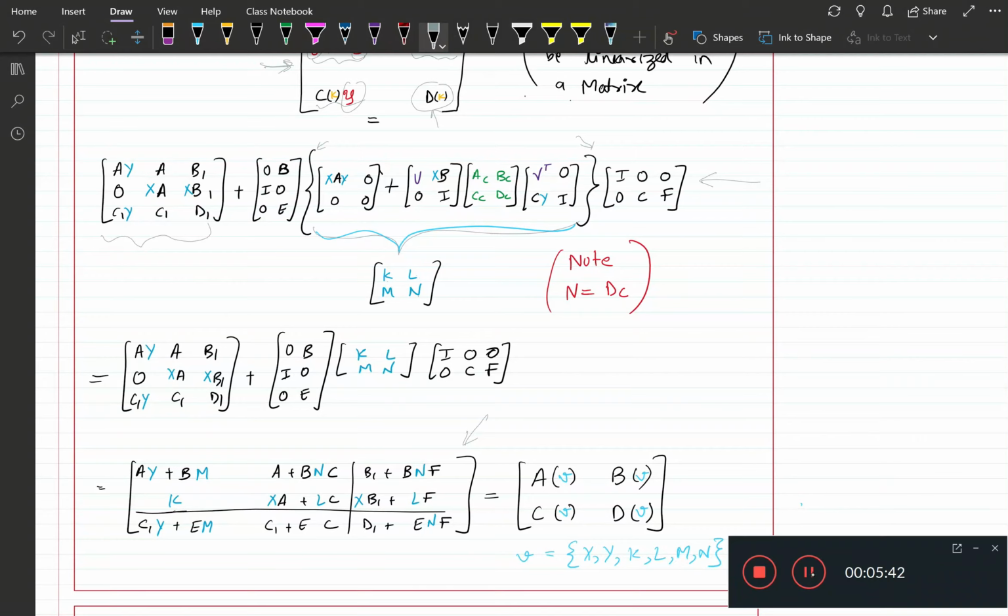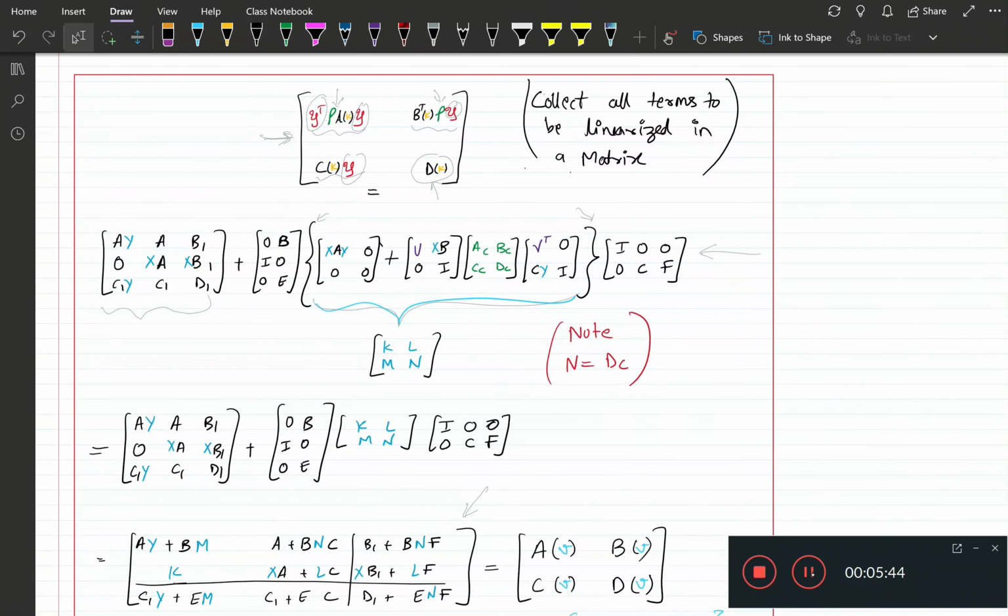So with this choice of Y, this term is equal to this term, which is linear in Y, M, K, X, N, and L, and the second term, B transpose P Y, with that choice of Y gives us a linear term in X, N, and L. Similarly for C and D, this term and this term.